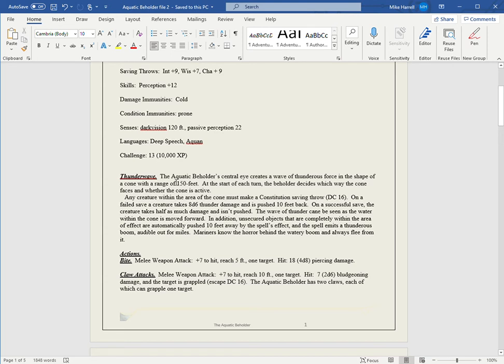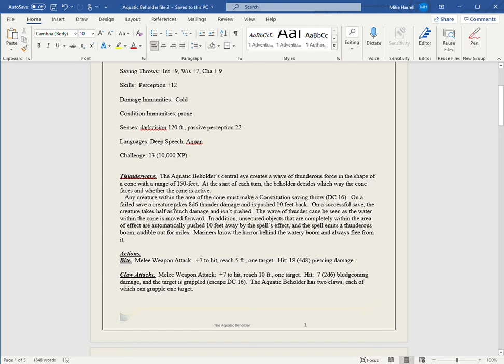So what do we have right here? The aquatic beholder's central eye creates a wave of thunderous force in the shape of a cone with a range of 150 feet. At the start of each turn, the beholder decides which way the cone faces and whether the cone is active, just like you see with other beholders in that central eye. Any creature within the area of the cone must make a con saving throw, DC 16.